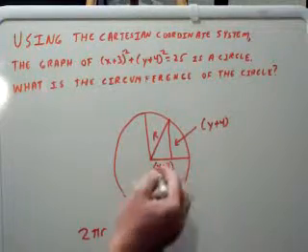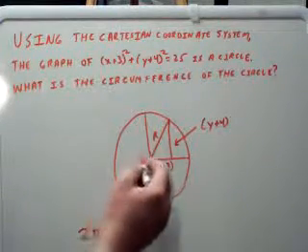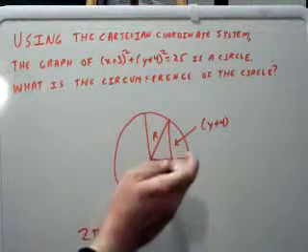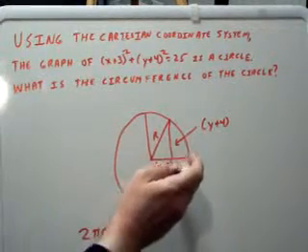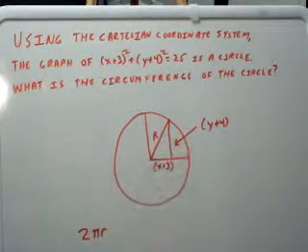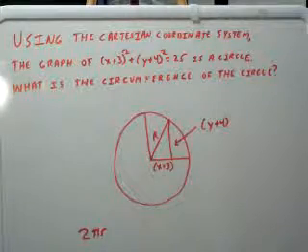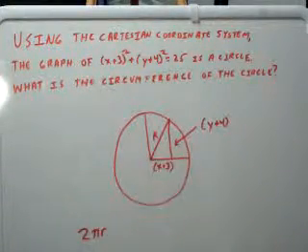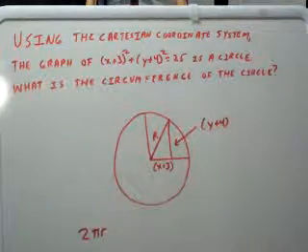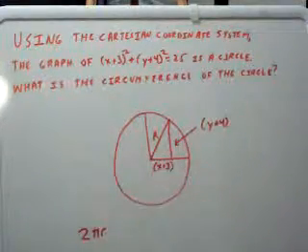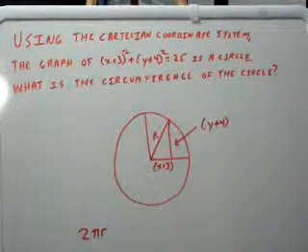Okay, so x + 3, we have x is 0, 0 + 3 is 3. So the length of this is now 3. Same type of deal here. We're going to make y 0. So 0 + 4, of course, now is 4.